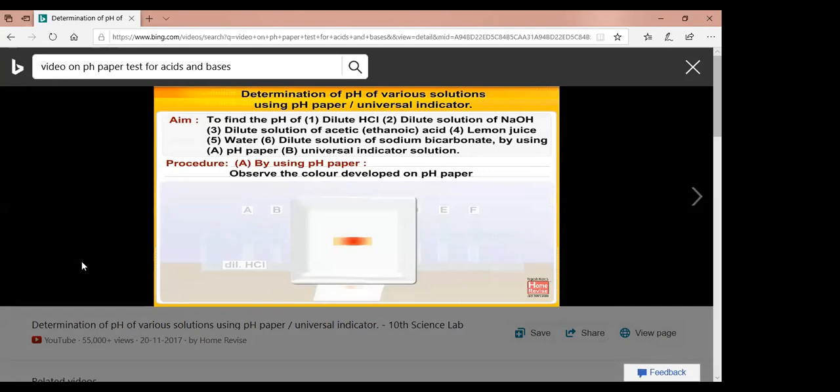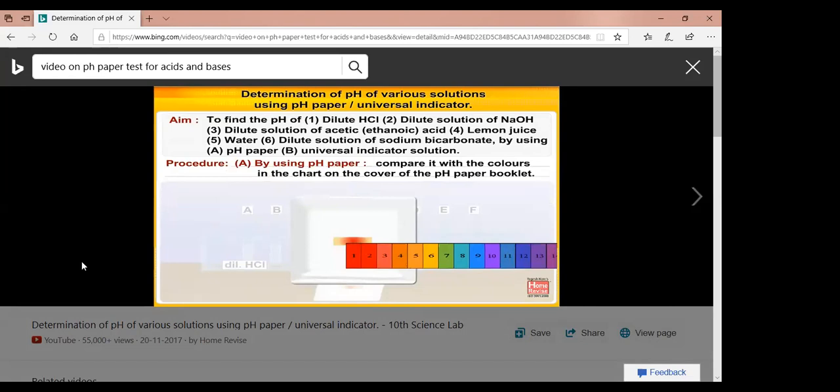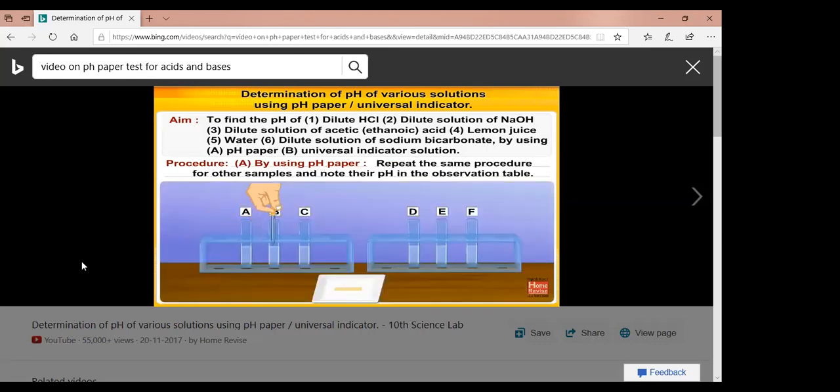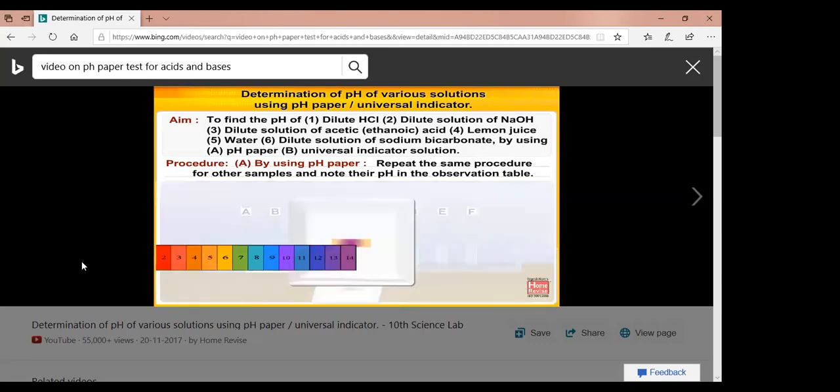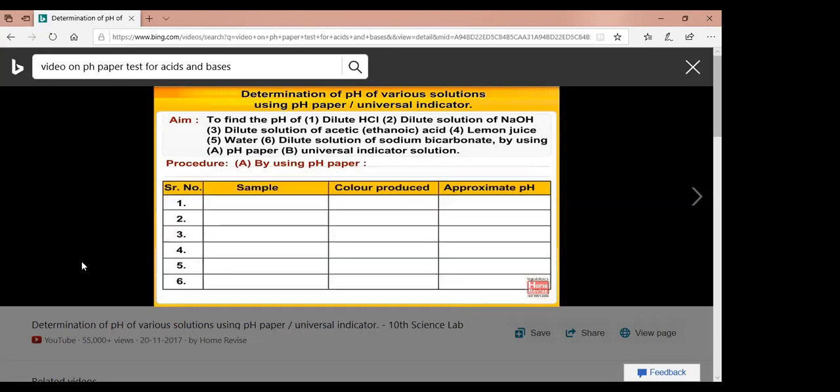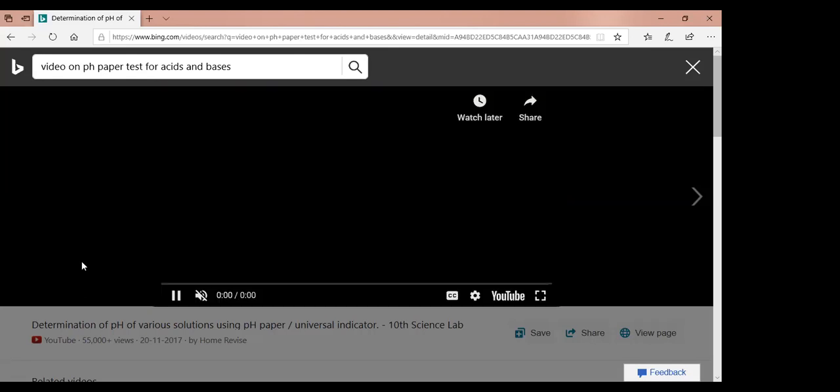The pH paper immediately shows a change in color, which you can match with the pH strip provided with the pH paper. Every bundle of pH paper has this color strip on the cover itself so that you can compare. Now, HCl showed red color, which was 1, whereas NaOH showed 14, a purple one.